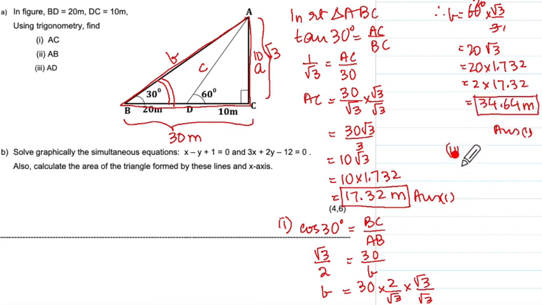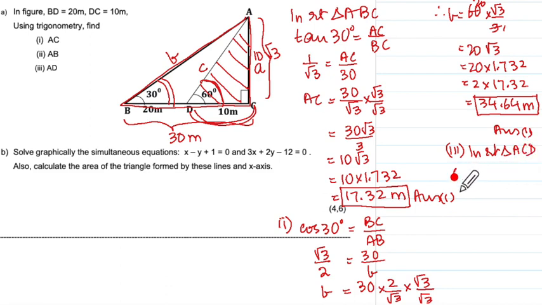Let us come to the third part. We want to find AD. For AD, I need to take this triangle. In this triangle, I know 60 and I know this is 10. So I will connect my AD with CD. That will be cos ratio for 60. So in a right triangle, it will be ACD.